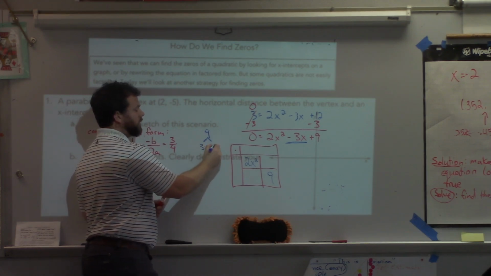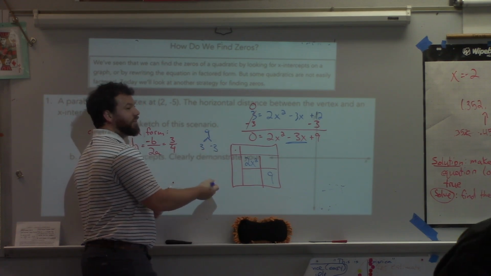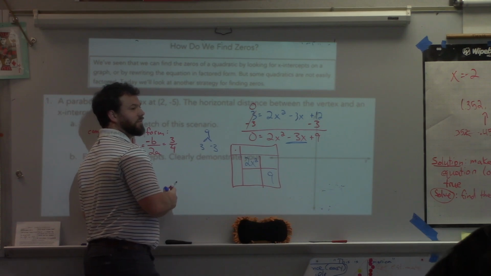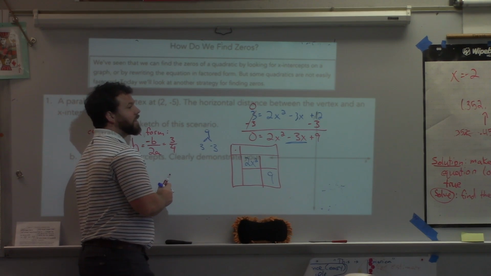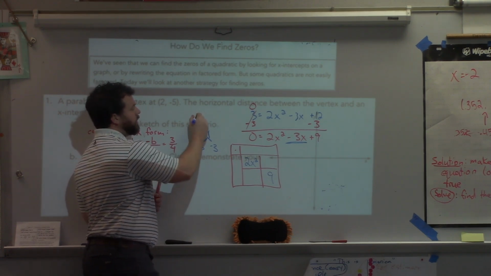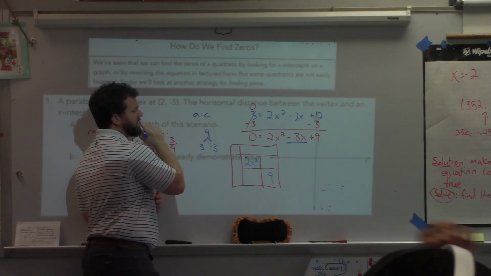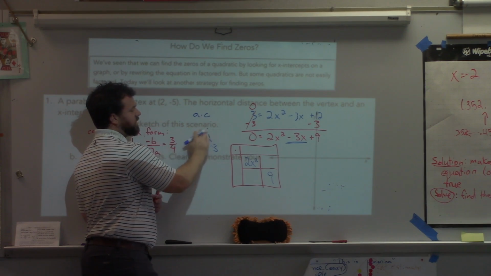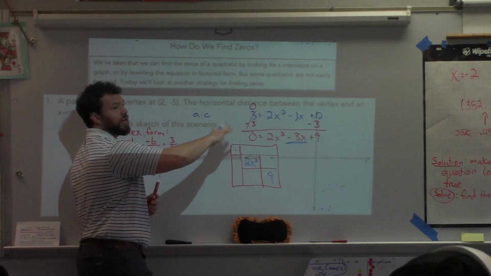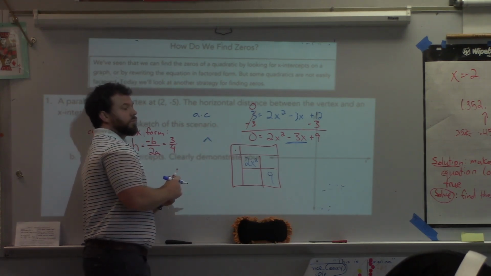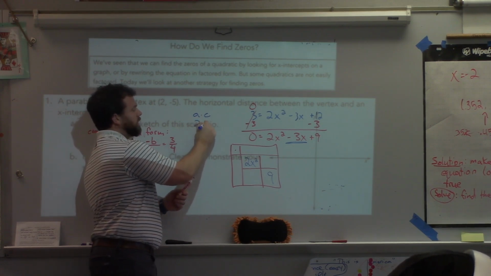Positive 3 and negative 3? Those are factors of negative 9, they add up to 0. So here's what I'll remind you, it is not 9 here. Remember, it's not 9. There are no factors of 9 that add up to negative 3. What is A? 2. What's C?